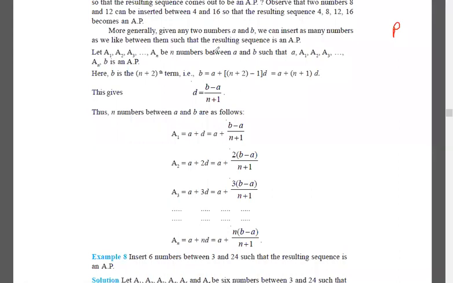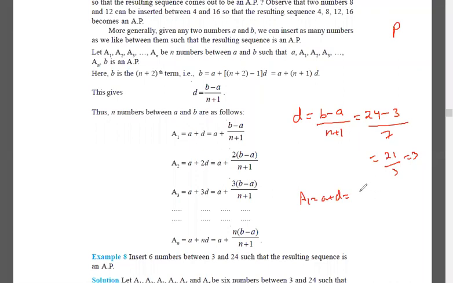Okay, 12, 16. So 3 is the common difference now. First you have to find the common difference, which is (B minus A) by (n plus 1). So B is 24 minus A is 3, by how many? 6, so 6 plus 1, 7. So it is 21 by 7, which is 3. Common difference is 3. Right? So A1 is A plus D, which is 3 plus 3, 6.